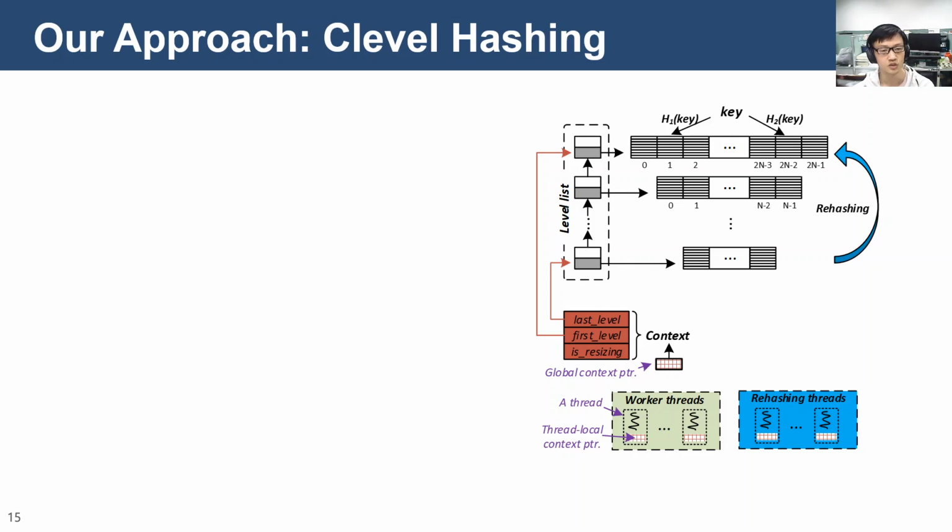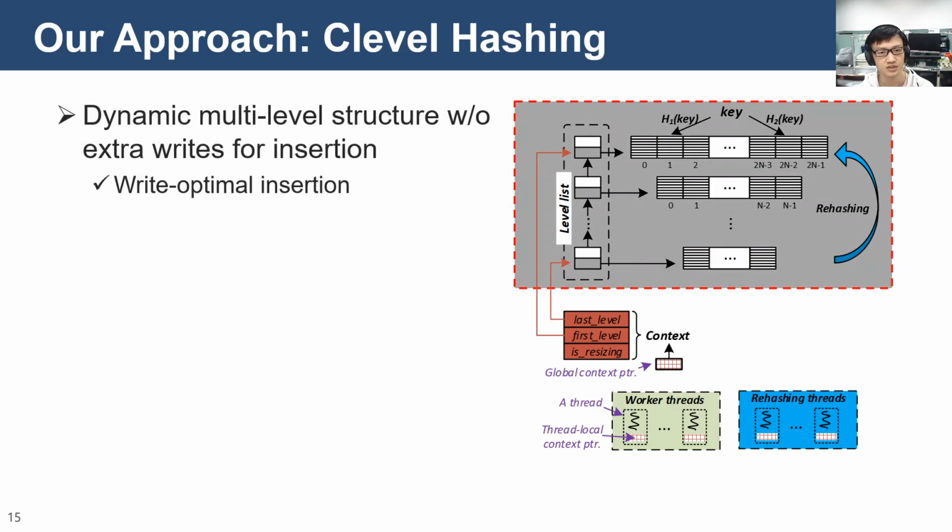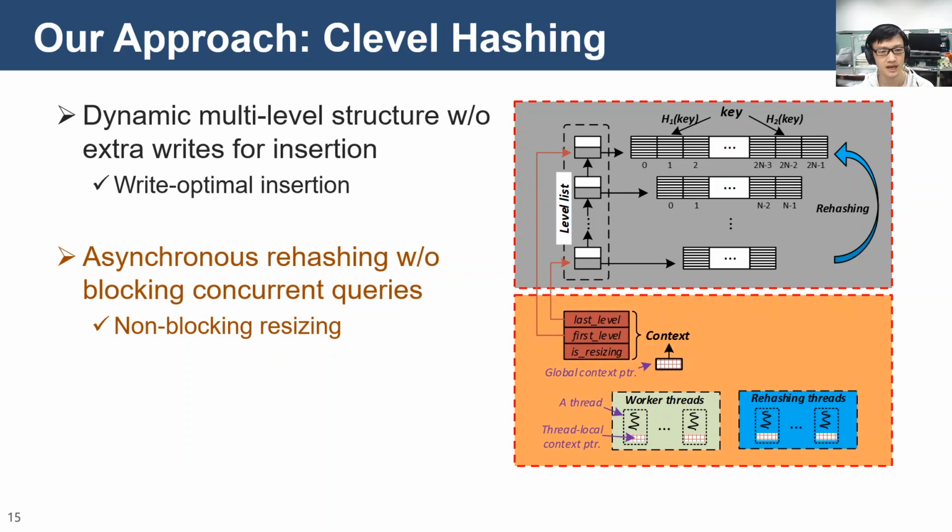In order to achieve this goal, we propose clevel hashing, a write-efficient and lock-free concurrent hashing scheme for PM. In clevel hashing, we design a multi-level structure without extra writes for insertion. Rehashing operations are performed in an asynchronous manner without blocking concurrent queries in other threads.